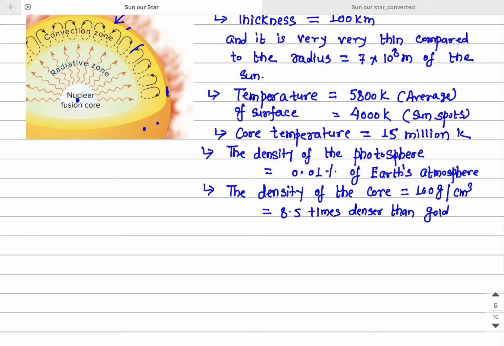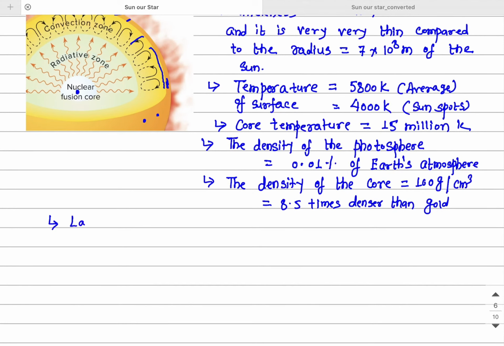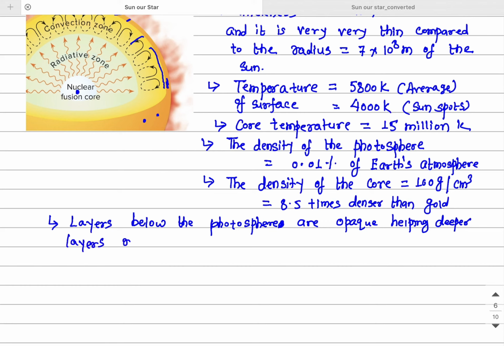And in fact this layer helps to maintain the heat, helping the deeper layers retain their heat.